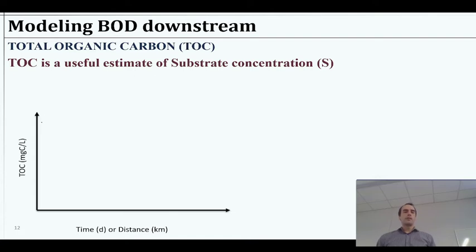So we could consider the TOC, this organic carbon, as kind of the substrate or the microbe food. And so after some discharge for wastewater, if there's no other inputs, then it would look something like this over time, right? Eventually we get pretty much nothing, and it's a nice first order decay because microbes are munching on the food.